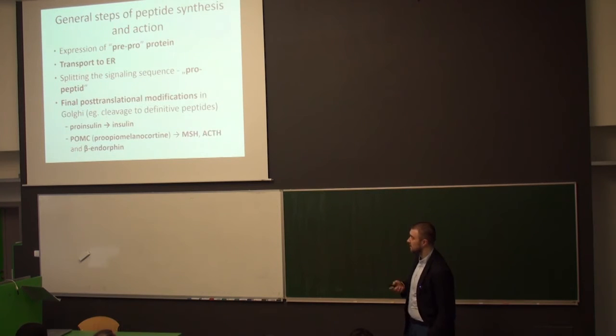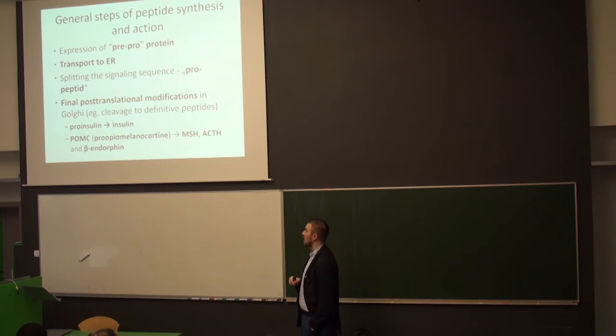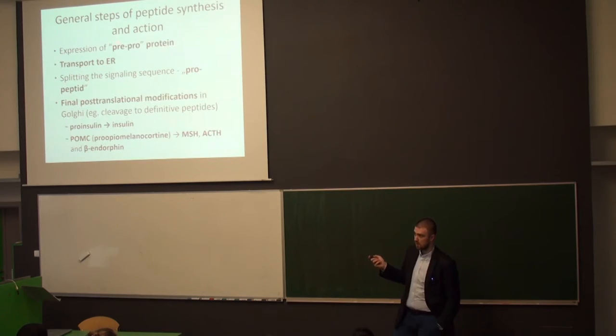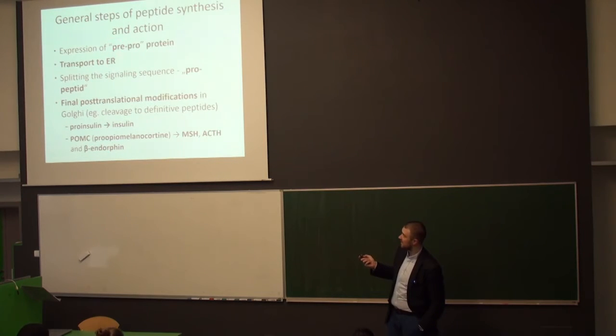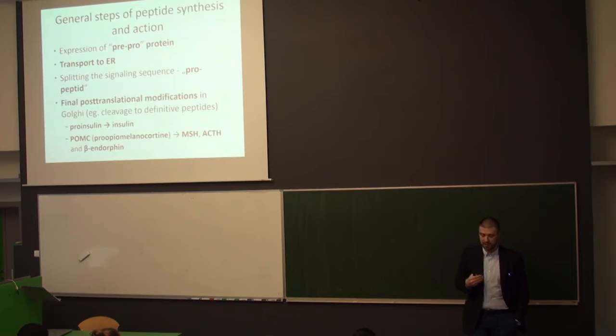This molecule is typically transported into the endoplasmic reticulum. And the transport into the endoplasmic reticulum is enabled by the signaling sequence, and we can say that that's this pre. Once the protein is transported to the endoplasmic reticulum, you cleave off the signaling sequence, and you now have the propeptide.